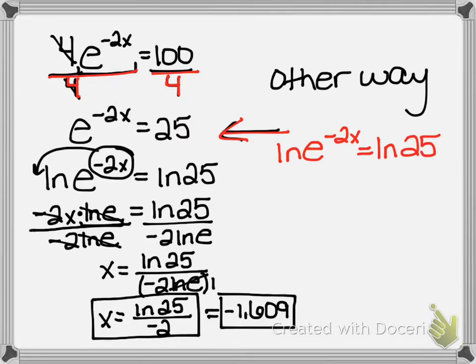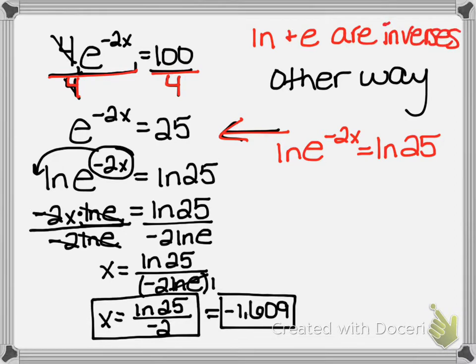The shortcut, the thing that can save you a step or two, is to also remember the last set of video notes from last week, which talked about the inverse properties of logs and exponentials. And natural log and e are inverses of each other.